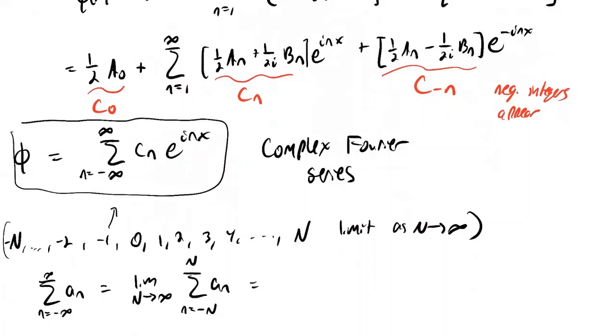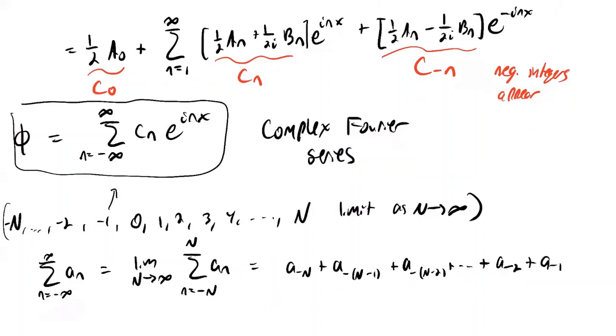And so this can be written as a_minus N plus a_minus N plus 1, plus a_minus N plus 2, and so on, right up to a_minus 2 plus a_minus 1. Sorry, I had an issue with the pencil. So these are all the negative integer terms, which are new in this notation if you haven't seen it before.